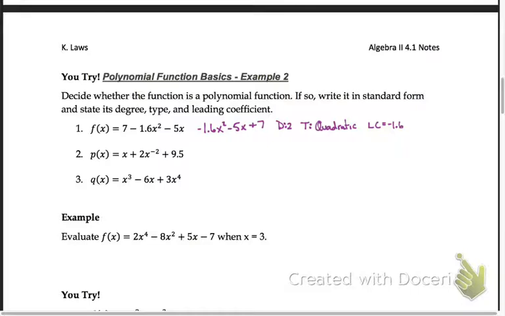Now, the next part says to evaluate f of x when f of x equals 2x to the fourth minus 8x squared plus 5x minus 7 when x is equal to 3. All it means to do whenever it says to evaluate, that's just a fancy word for plug it in.